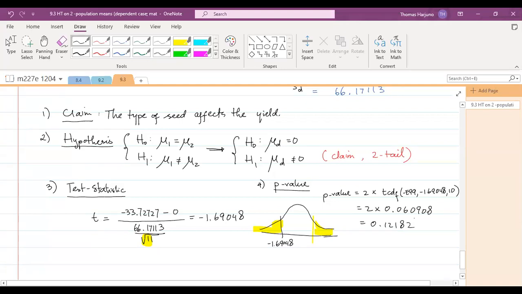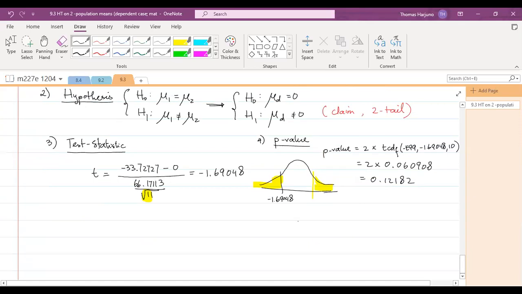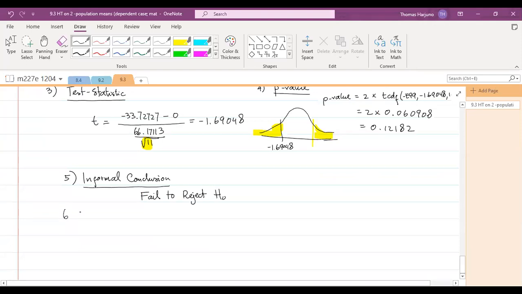Now, of course, you can use your calculator to find this p-value. Then step 5: it is more than 5%, so the informal conclusion is fail to reject the null hypothesis. And therefore, step 6, conclusion.